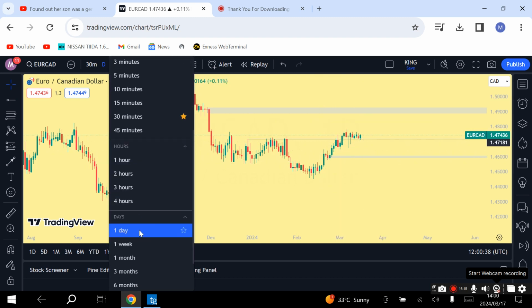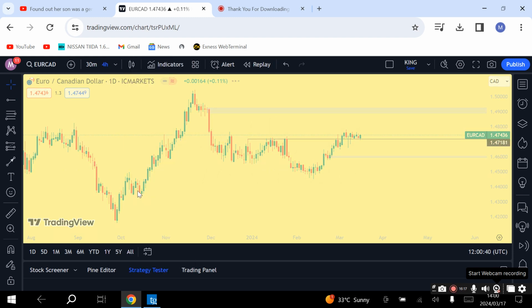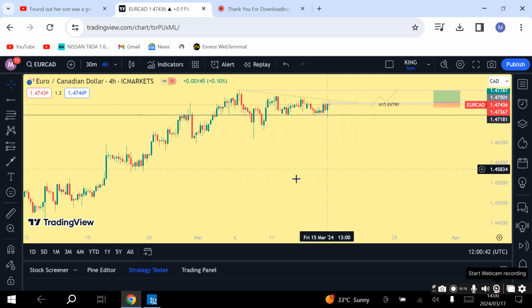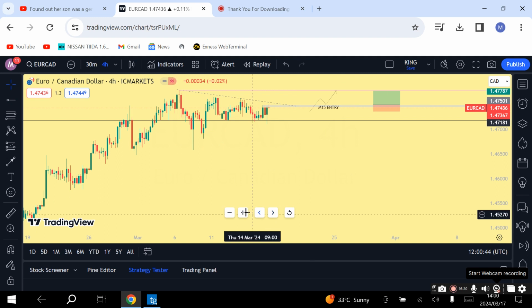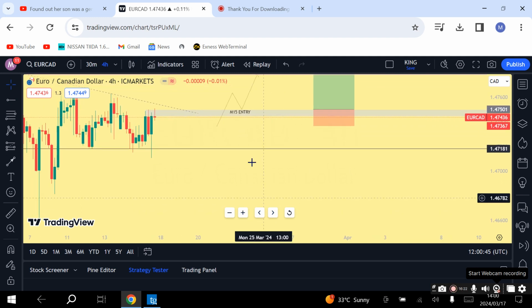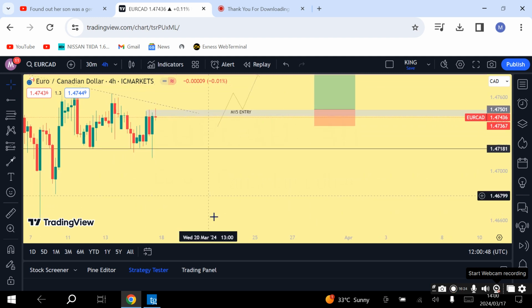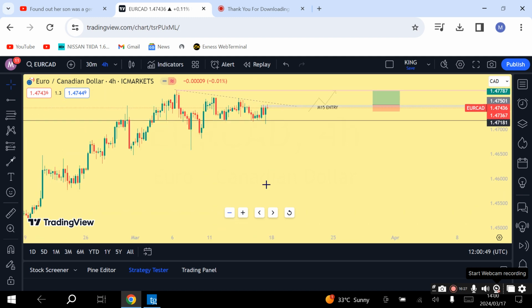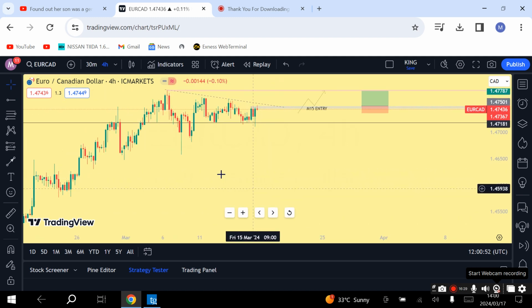We go to the 4 hour. The 4 hour also is showing signs of bullish traction here, right? So my idea around here is as follows.